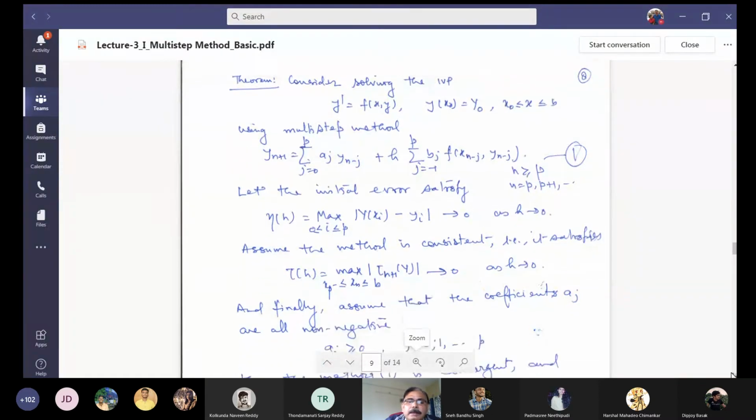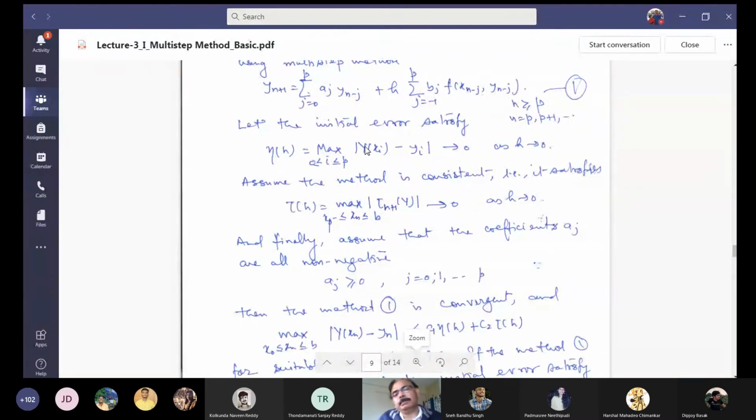Since we are getting the p plus 1 initial values using some other method, let us take that the error for those initial values is eta h, which is the maximum of magnitude of y(x_i) minus y_i, and this goes to 0 as h approaches 0.